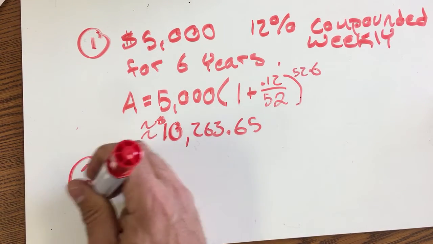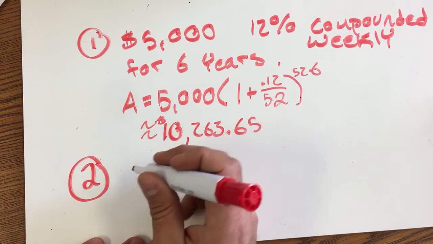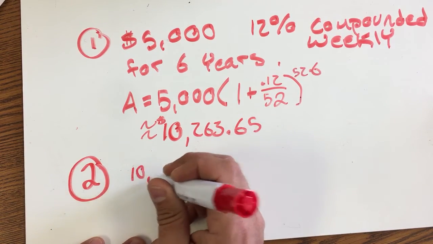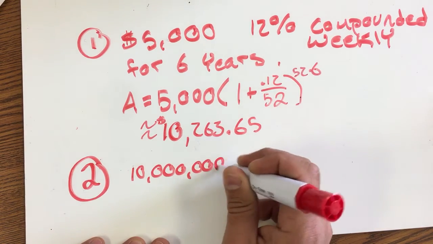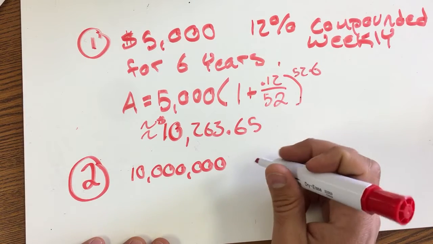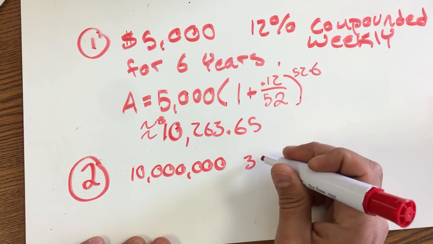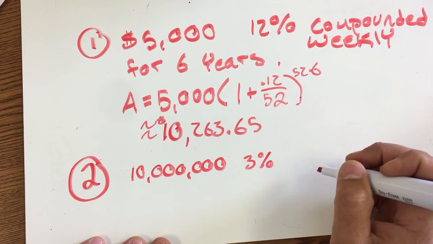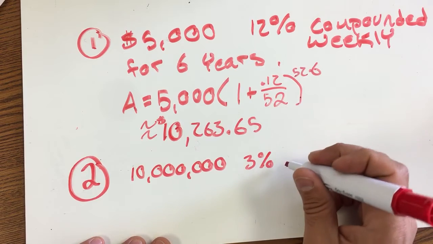Your second problem is a bacteria has 10 million bacterias, it's decreasing at a rate of 3% per day.